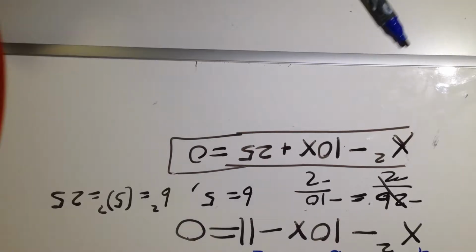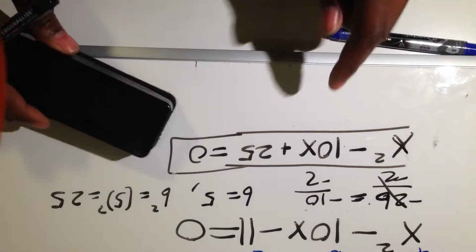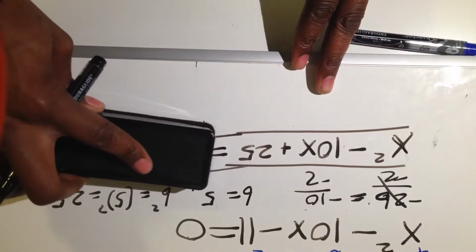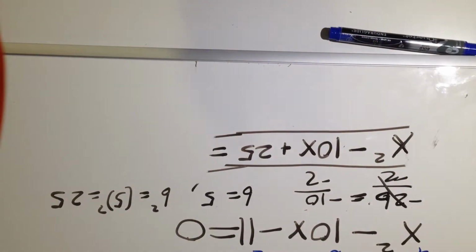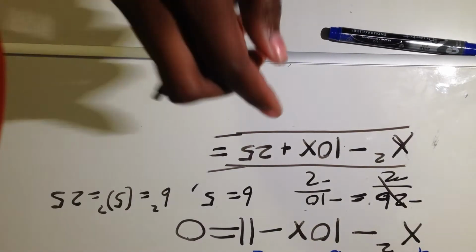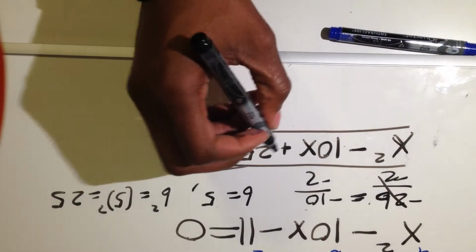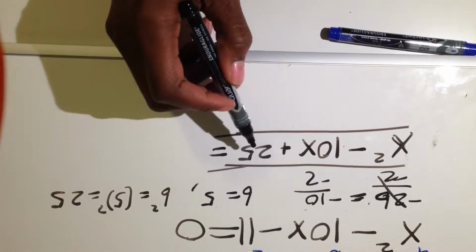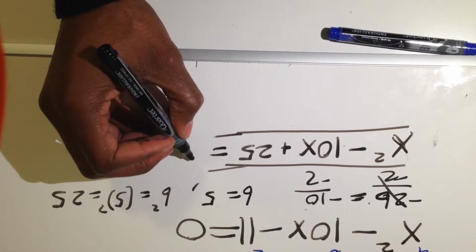Now, what we want to do with quadratic equations, when it comes to the actual quadratic equations or quadratic functions, we're going to add 25 to both sides, like so.